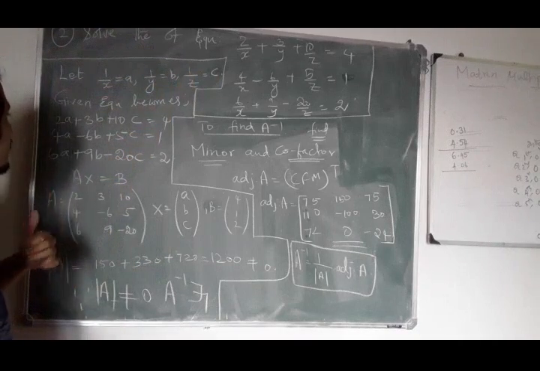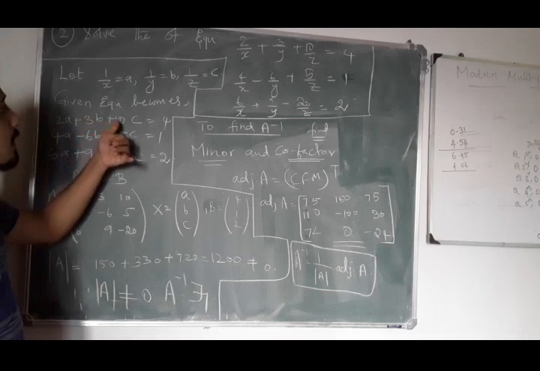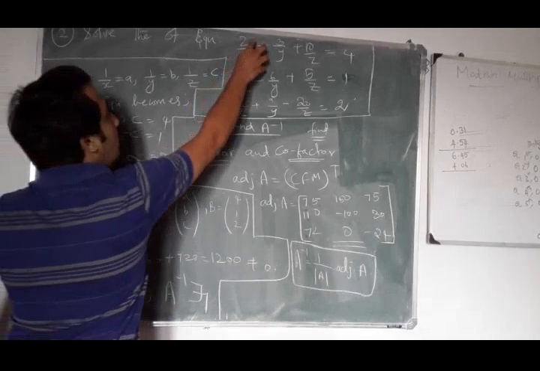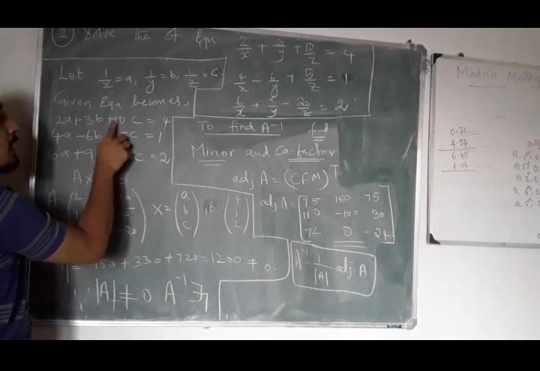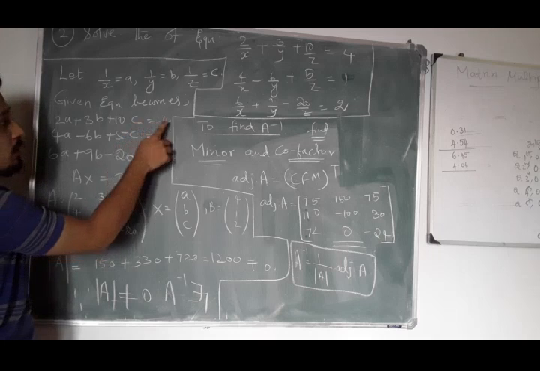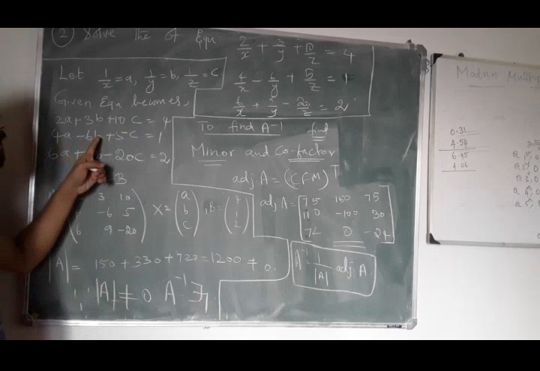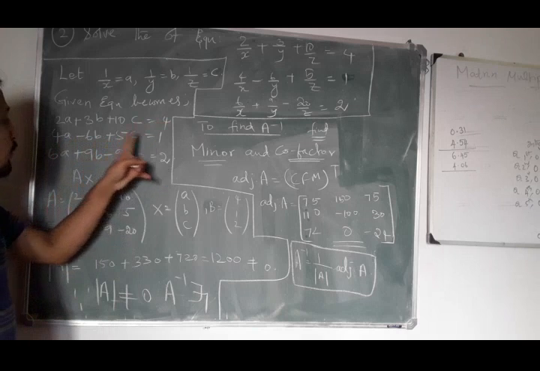Now the given equations become 2a plus 3b plus 10c is equal to 4, and 4a minus 6b plus 5c is equal to 1.